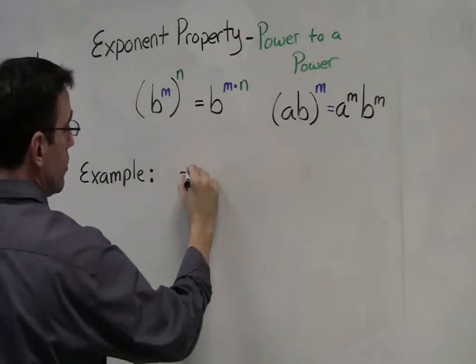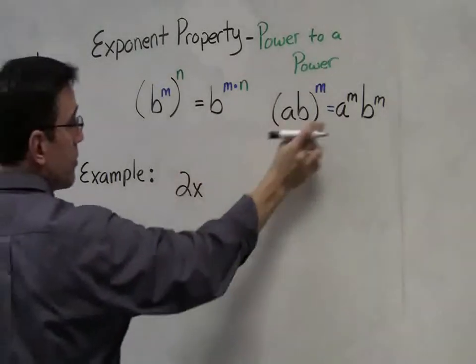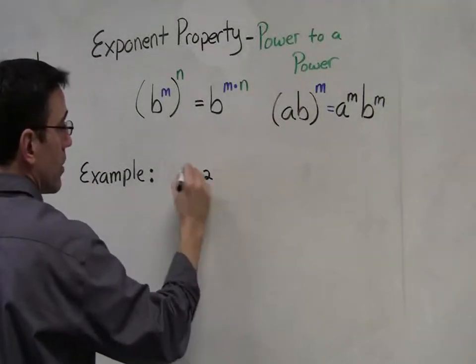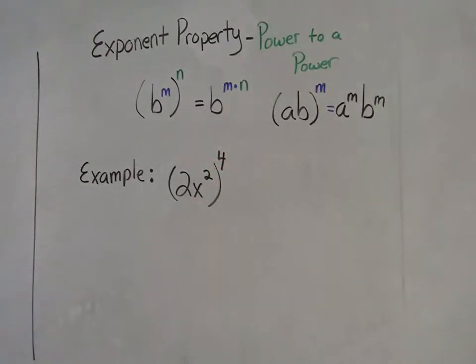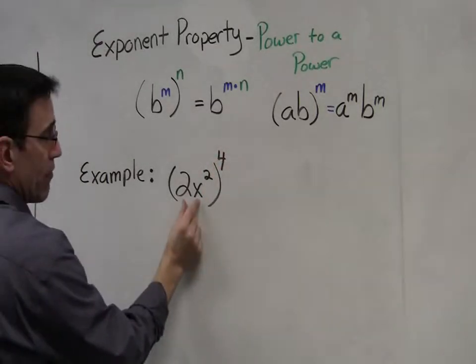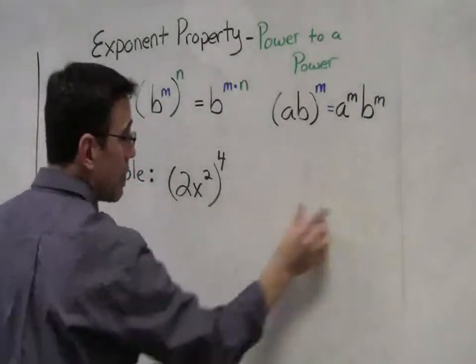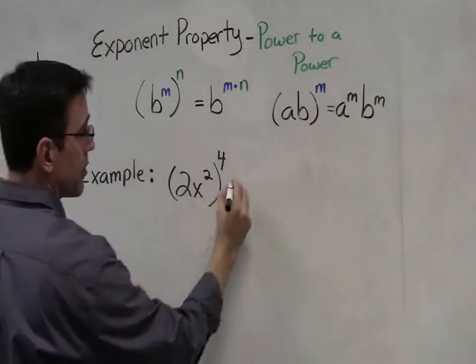Please continue. Take 2x squared, so now I've got a coefficient, which is going to be this idea over here. So I got a coefficient, and I got x to the second power, and I'm going to raise that whole thing to the 4th. So again, that would be like 4 of these all lined up. So I'm not going to do that. I mean, I could, but what I'm going to do is practice using this property.